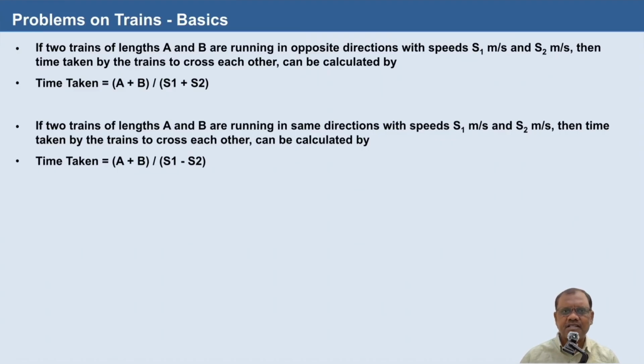Since the trains are moving in opposite directions, the relative speed is the sum of the speeds. Similarly, if the trains are moving in the same direction, the time taken will be the sum of the lengths of the trains divided by the relative speed, which is the difference of the speeds: A plus B by s1 minus s2.